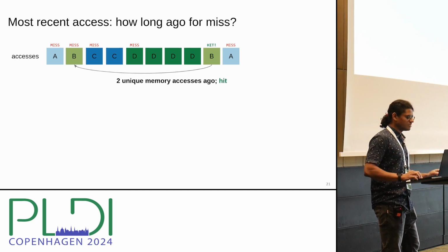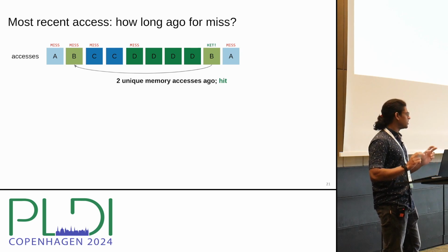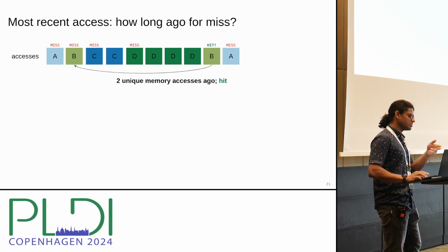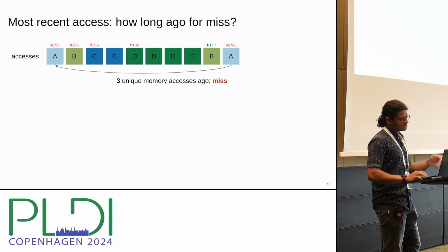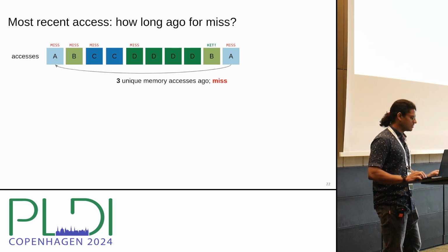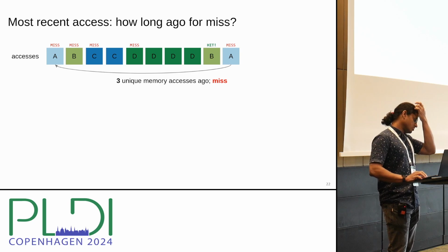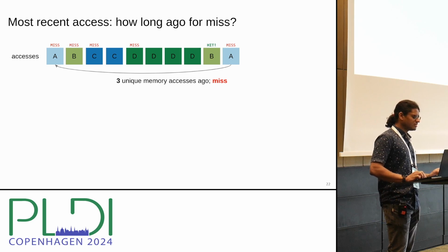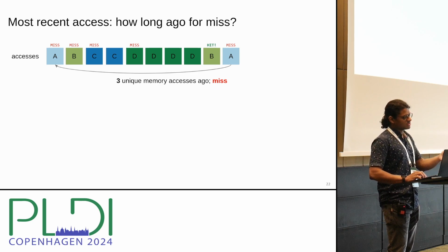And what do we mean by long time? The metric that matters here is how many unique memory locations have been accessed since the last time that the same location was accessed. So here it's 2, and the cache size is 3, so it's a hit. But if it was 3, with the cache size of 3, then it's a miss. And the way the model is going to work is by creating an analytical formula that models this distance.